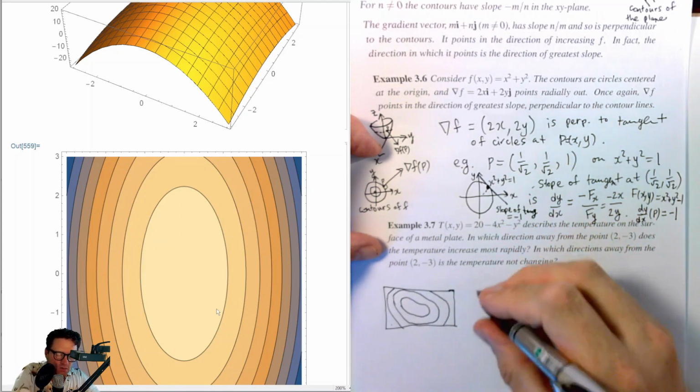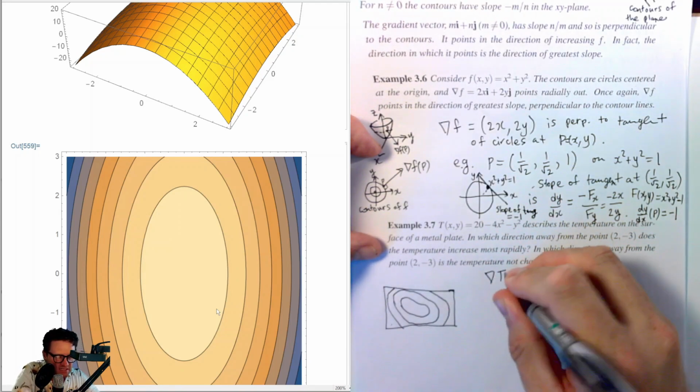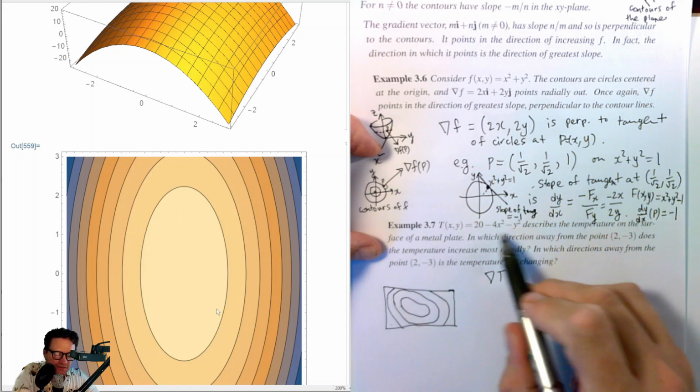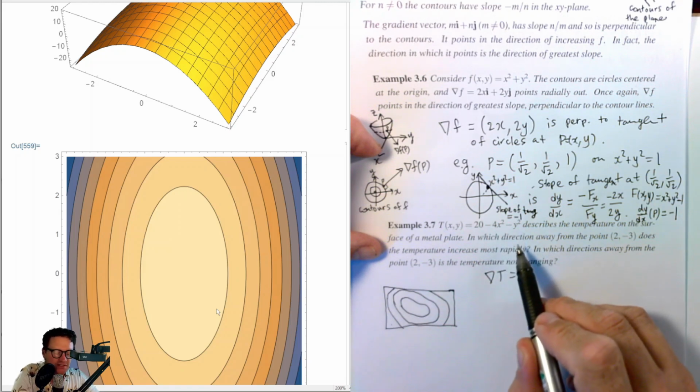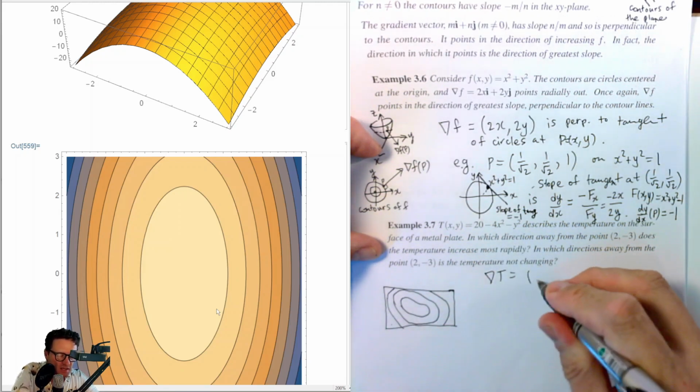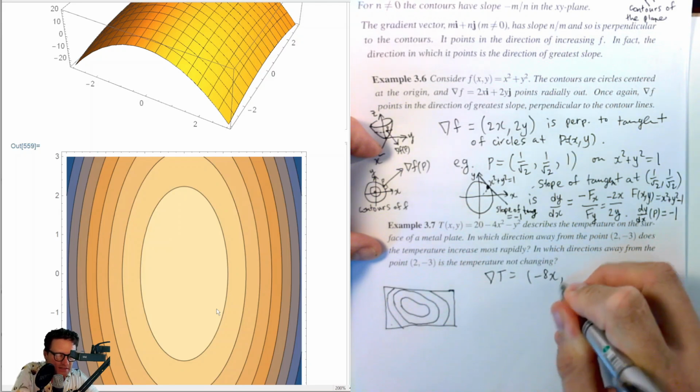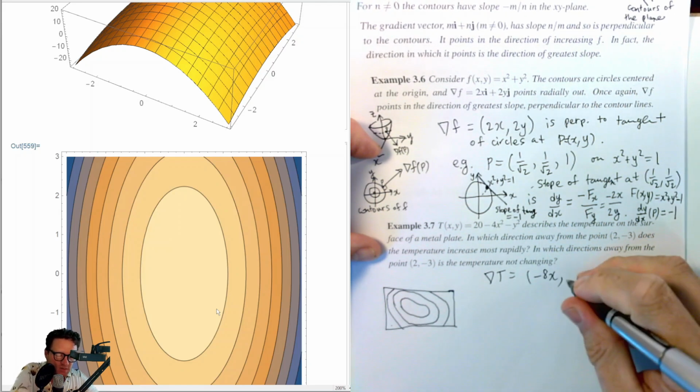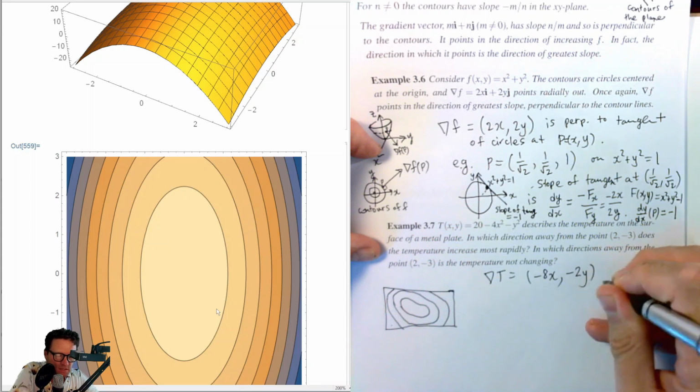All right, so we need to calculate grad T. Differentiating this with respect to x gives us -8x, and differentiating partially with respect to y gives -2y.